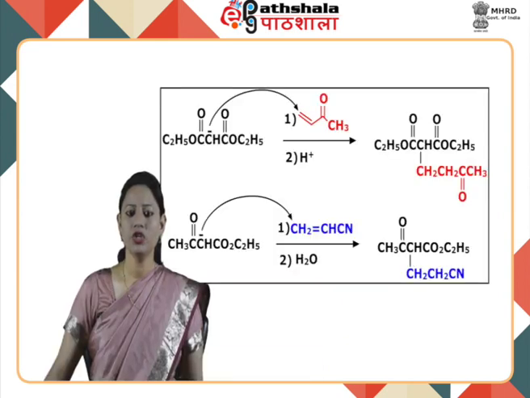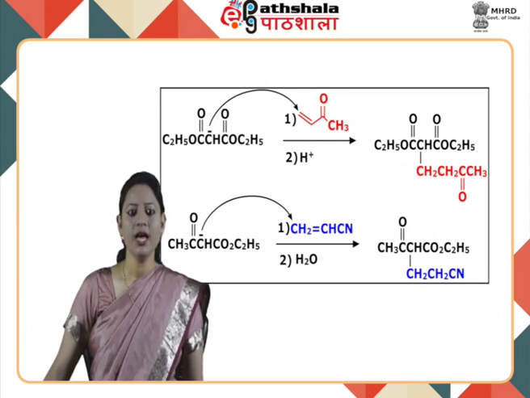Next type of reaction which involves carbanion formation is addition reaction. In this, first we will discuss Michael reaction. Addition of a carbanion to an alpha beta unsaturated carbonyl compound is known as Michael reaction or Michael addition.